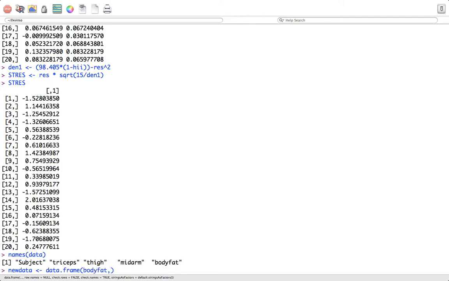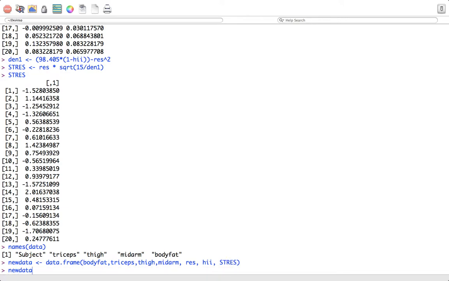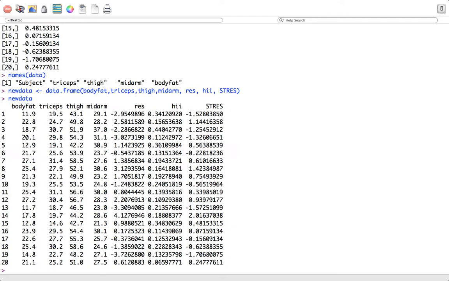And then I want my X1, which is triceps. And then I want thigh, and then I want mid-arm. And the next thing I wanted were my residuals, my errors. The next thing I wanted were the diagonals on the hat matrix. And the next thing I wanted were the standardized residuals. All right, gang, this is going to give us what we set out to create.